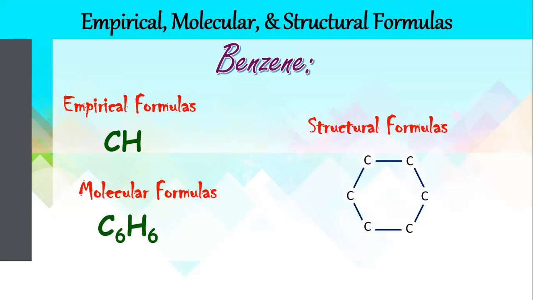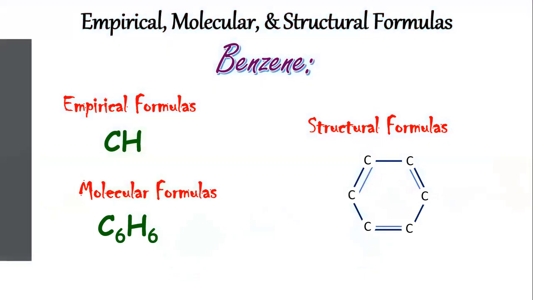So you have six carbons in a hexagon just like that. And then you have a double bond. Every other one of these bonds on the hexagon is a double bond. Each of these carbons is also bonded to a hydrogen.